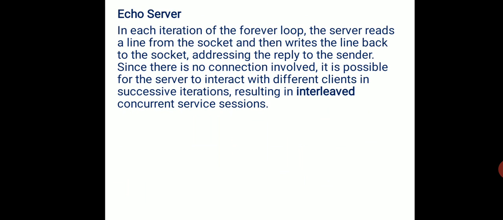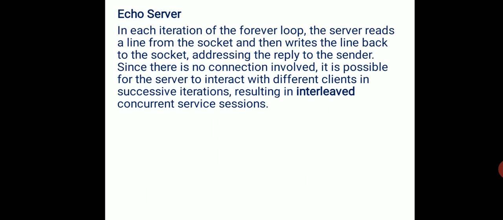Echo server: in each iteration of the forever loop, the server reads a line from the socket and then writes the line back to the socket, addressing the reply to the sender. So this server reads each line sent by the client and writes the line back to the socket.